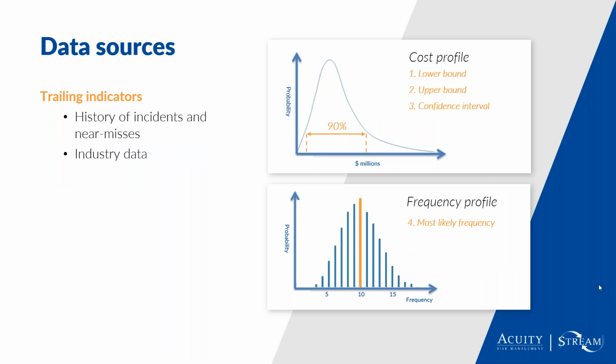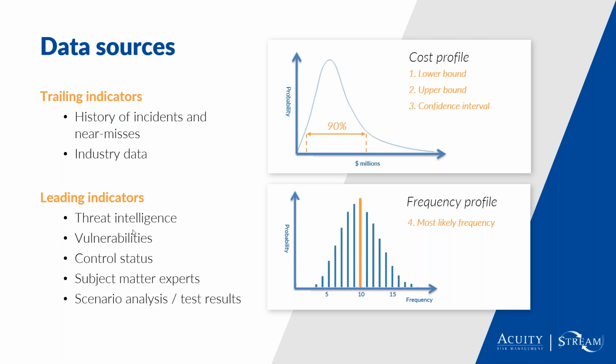In terms of the data sources that can help us to establish our potential cost profile and frequency profile, we can use both trailing indicators and leading indicators. So trailing indicators could be history of incidents and near misses and other industry data. That's going to help us to understand potential losses and potential frequency of events occurring. Similarly, leading indicators like threat intelligence, vulnerabilities that we identify, the status of controls arising from audits and tests, and so on.